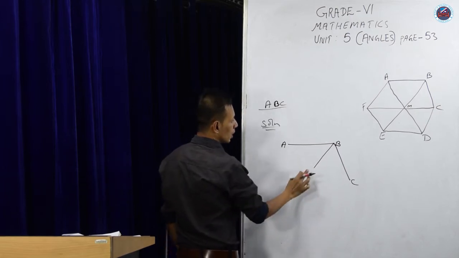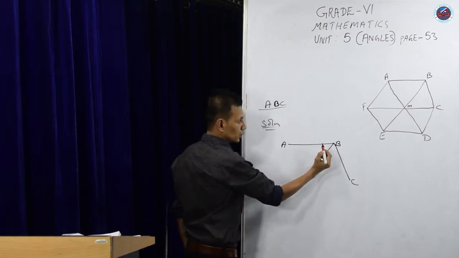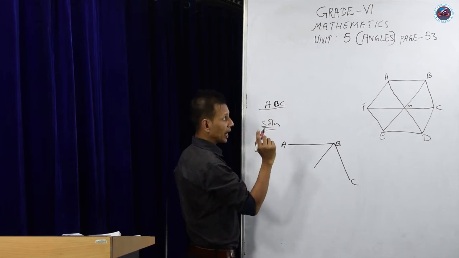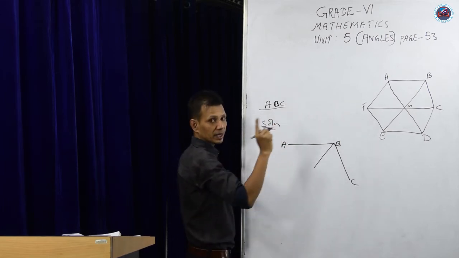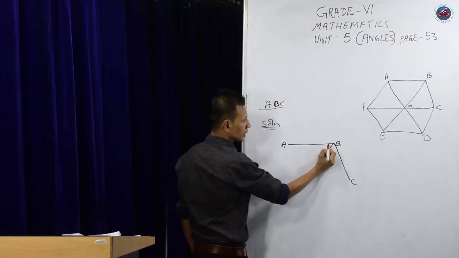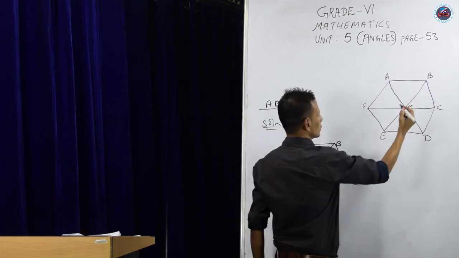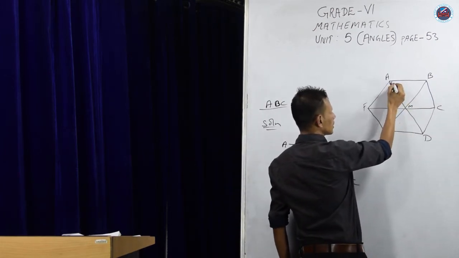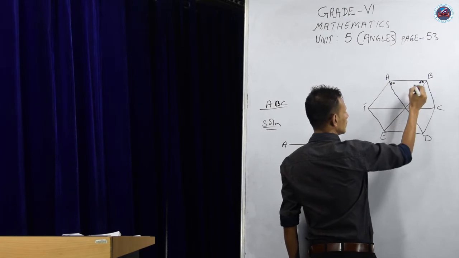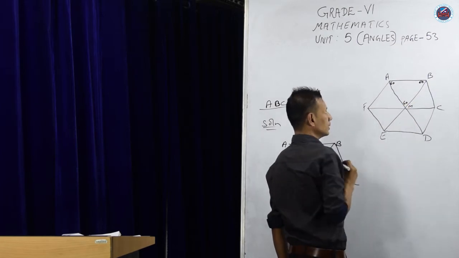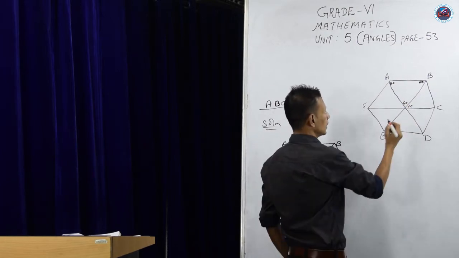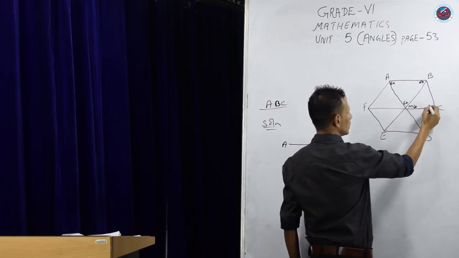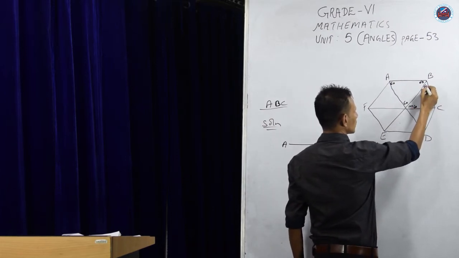What do you understand? Okay. You know that each angle of a triangle measures 60 degrees. Yes, you see it here: 60, 60, 60, right? Agree? Now, also 60, 60, 60.